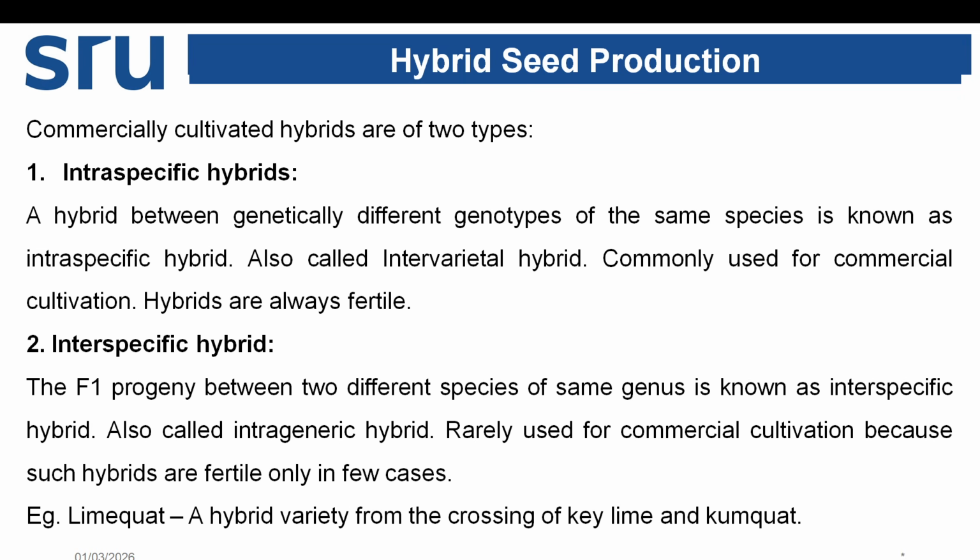This interspecific or intrageneric hybrid is rarely used for commercial cultivation because, as I told you, intraspecific hybrids are always fertile, but these interspecific hybrids are fertile only in a few cases. For example, Lemquat, a hybrid variety from the crossing of key lime and kumquat.